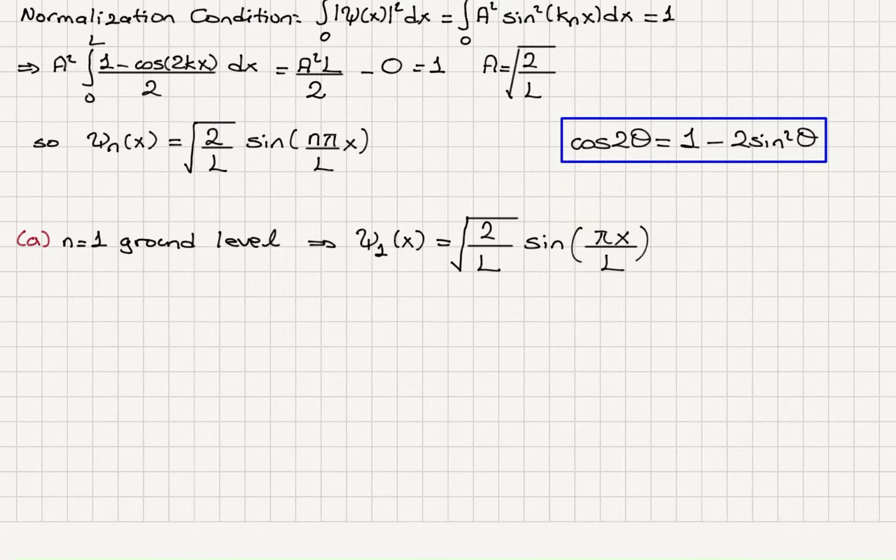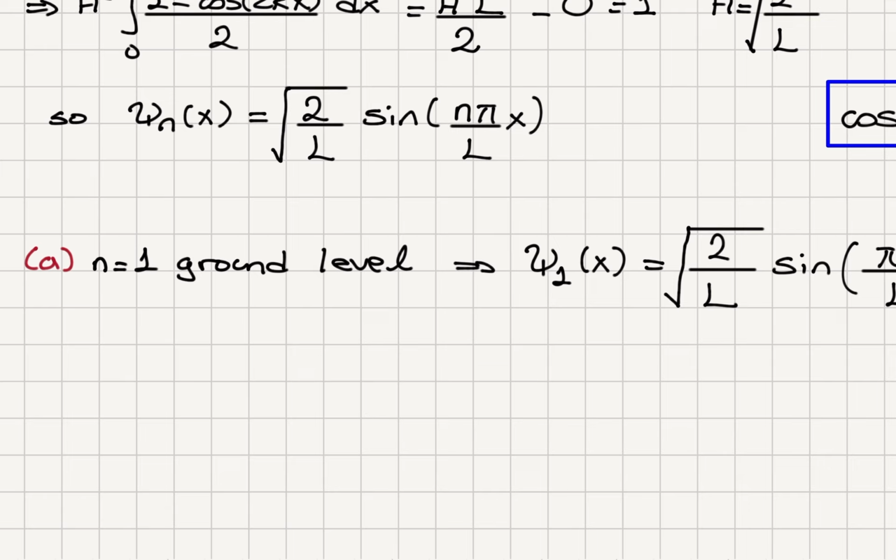So what's the probability of finding the particle between x equals capital L over 4 and x equals 3 capital L over 4?